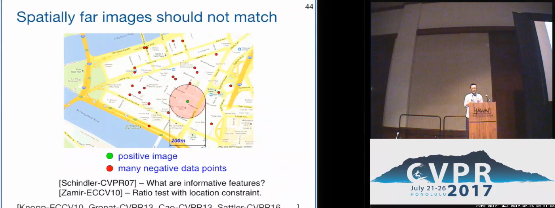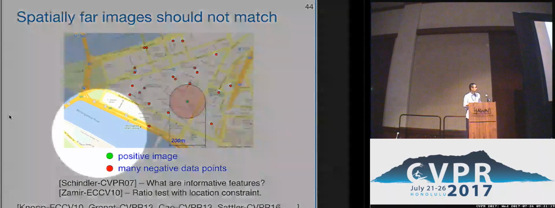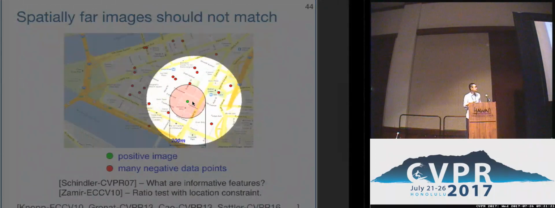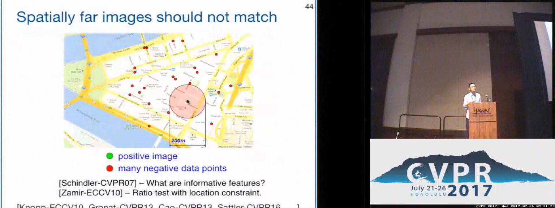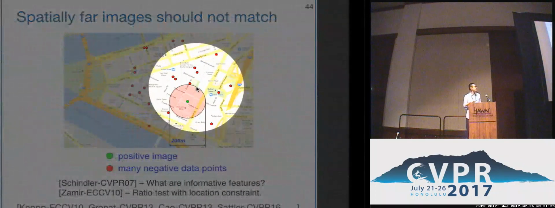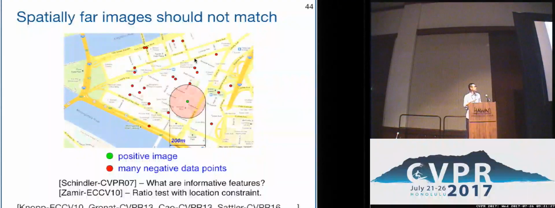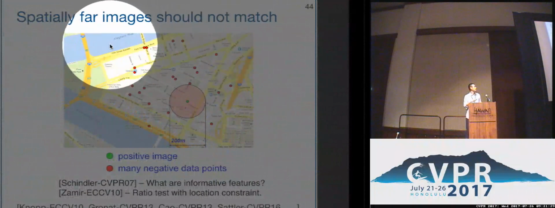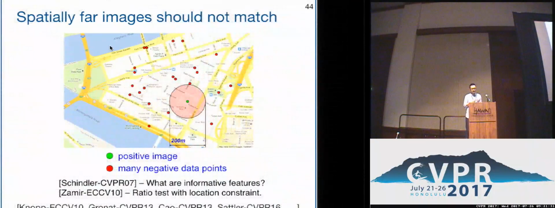The key idea is that spatially far images should not match. This is simple, but it's a good idea, I think. For example, if you extract some features on the image here, the feature should not match from elsewhere if it is distant.